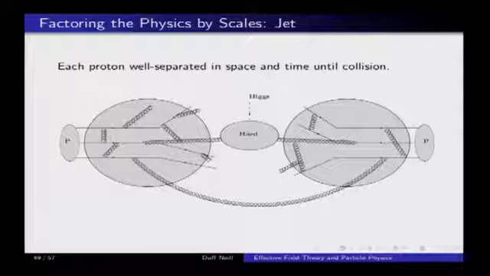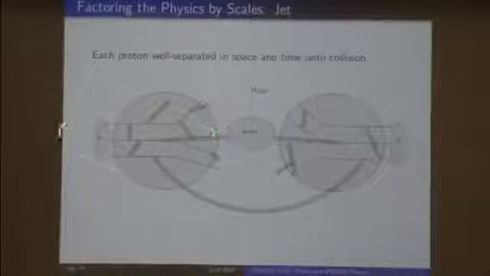Now, each proton, as they were coming towards each other, they were well separated from each other in space and time up to the moment of impact. So the dynamics of each proton should be described in a sector all by itself. I don't have to consider how this proton is behaving when it's well separated away from this proton. I can just describe them individually.